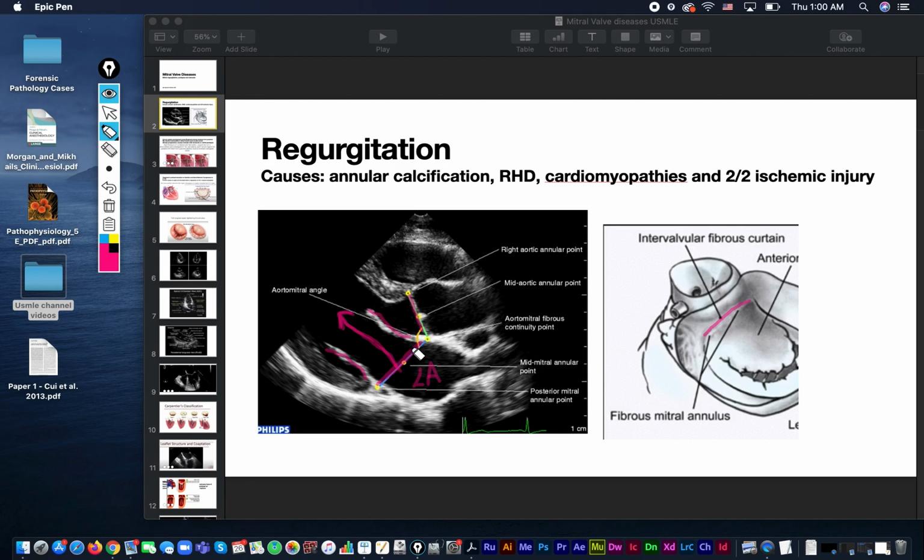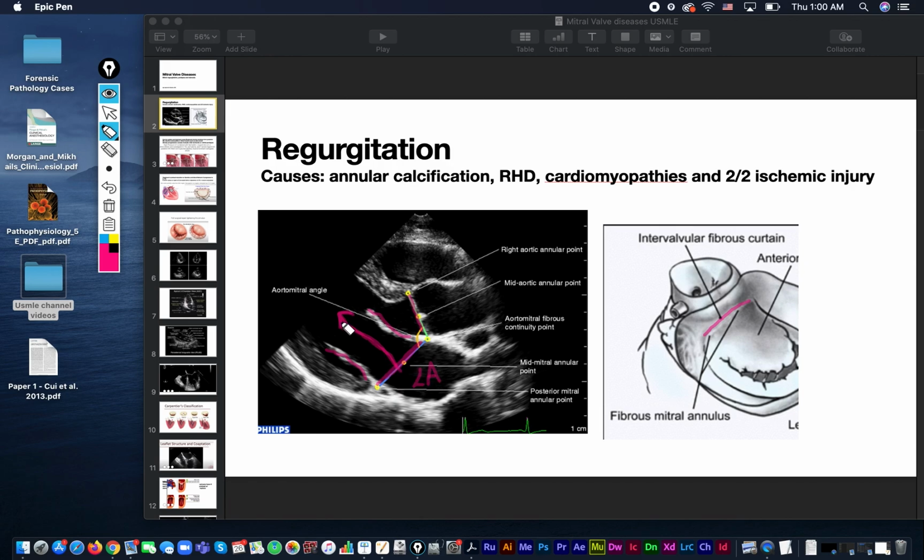And I like to teach this way because in the real world, you have to be able to diagnose with echo, which is the gold standard for diagnosing mitral valve disease. Just memorizing rote facts and then not being able to apply it in real life is not how you learn.